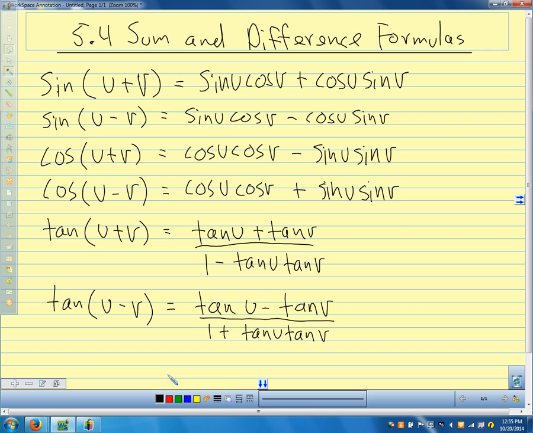They also let us find sines and cosines of angles that are not on the unit circle, but that are related to unit circle angles. Those are some of the examples that we're doing. And remember, for all these, sine of u plus v does not equal sine u plus sine v. So don't make that mistake. It's more complicated than this, unfortunately.